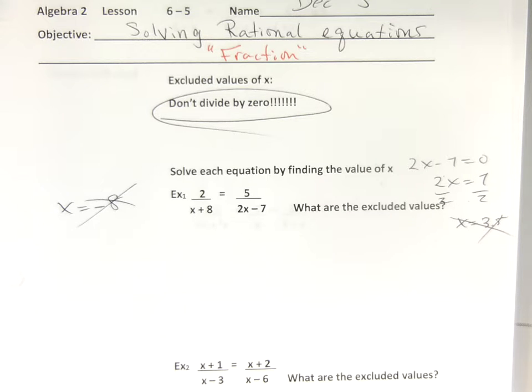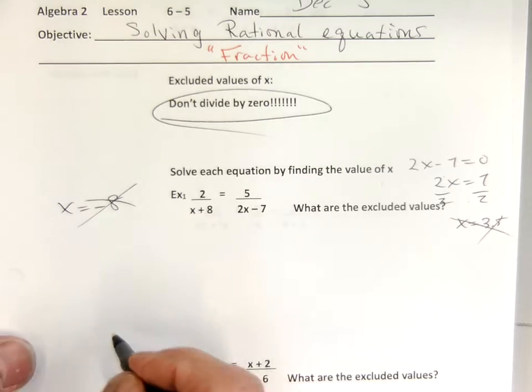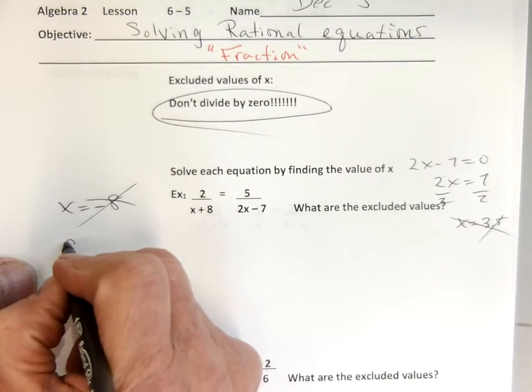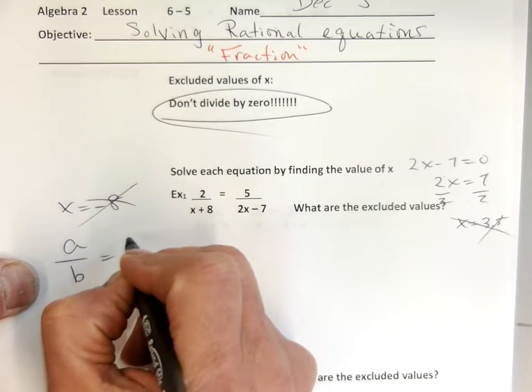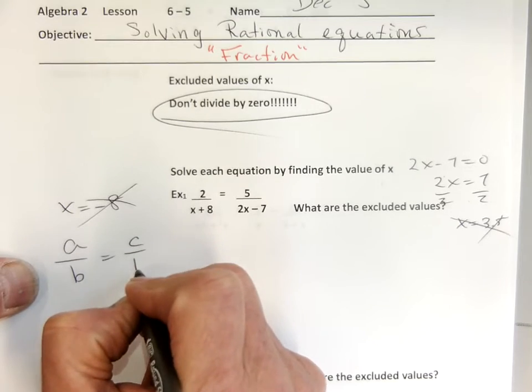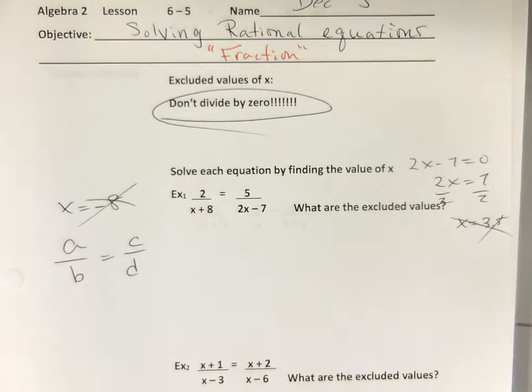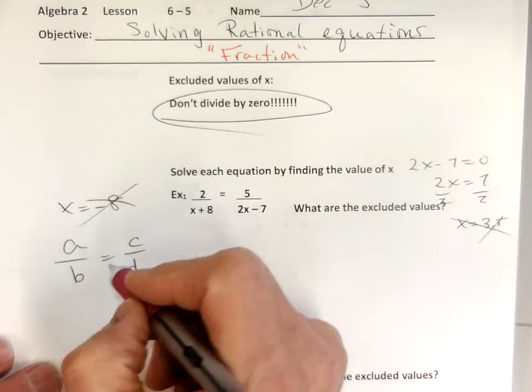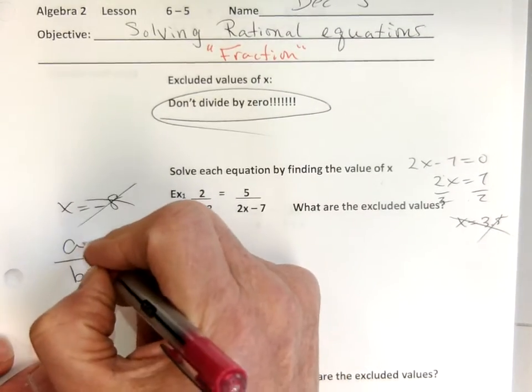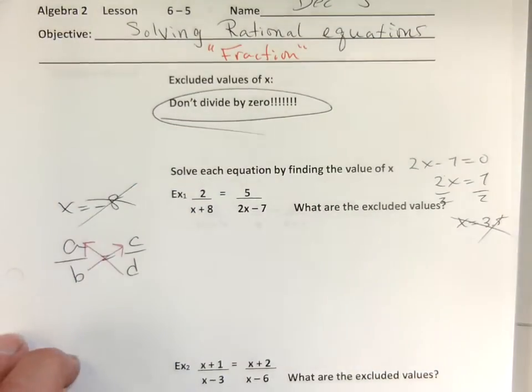So let's solve it. Anytime you have a fraction equal to a fraction, we cross multiply. Now we probably learned this in geometry, but that was during COVID.